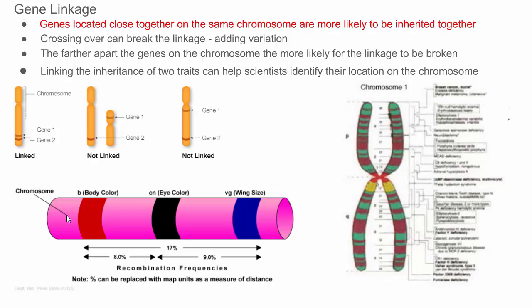So if we imagine this chromosome here on the left, see these gene 1 and gene 2. They're very close together on the same chromosome. So if this chromosome ends up in a gamete that produces an offspring, probably these 2 genes are going to go together. They're inherited together. They are what we call linked.